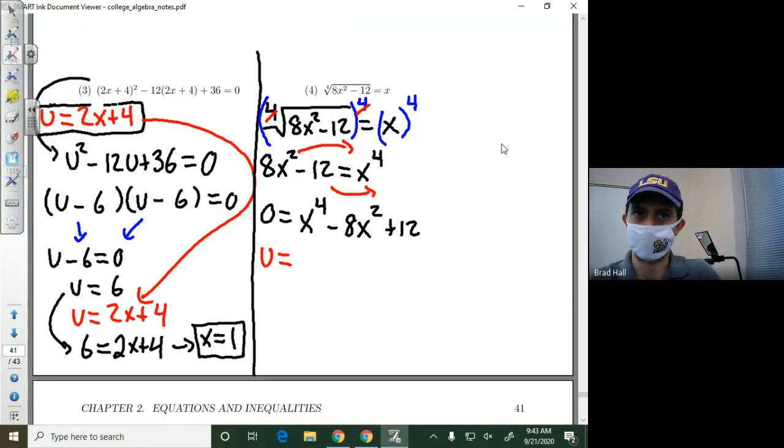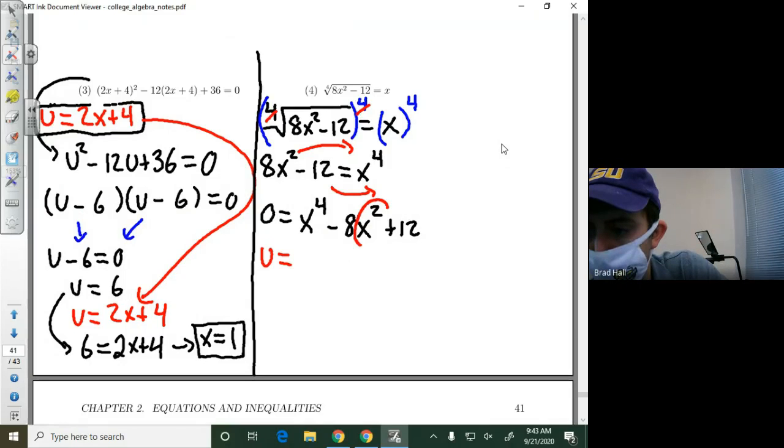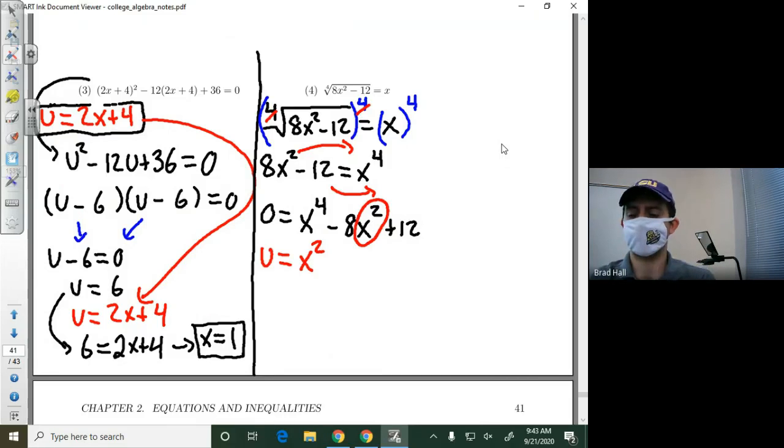So as I mentioned, generally, if you put this in standard form, the middle term gives you an idea of what u is. That would be x squared. And it turns out that this extends nicely.